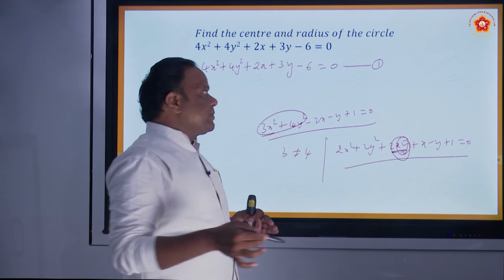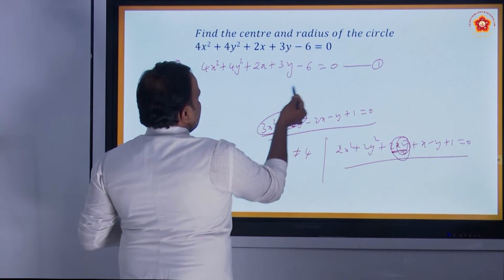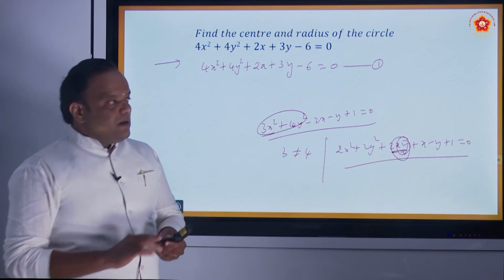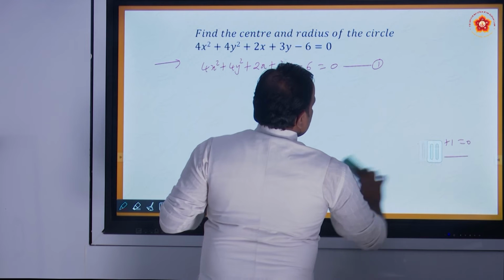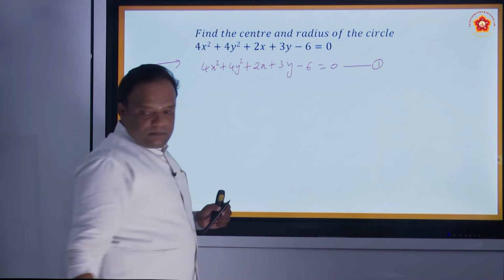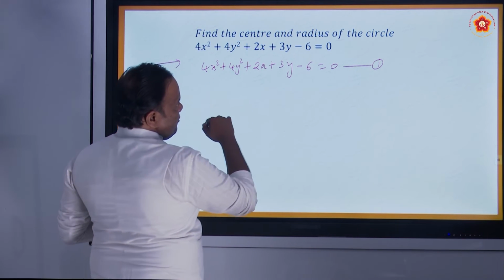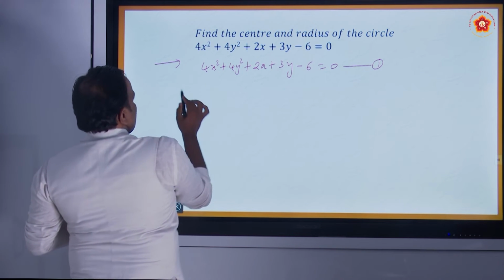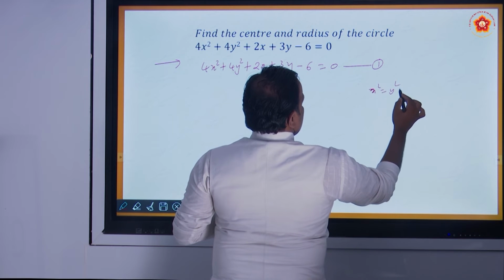We see the condition. So clearly this equation represents a circle because there is no xy term and coefficient of x square is equal to coefficient of y square, equal to 4. So let us find the center and radius of the circle. First you have to convert this equation to standard form. Standard form means make the coefficient of x square and y square equal to 1.